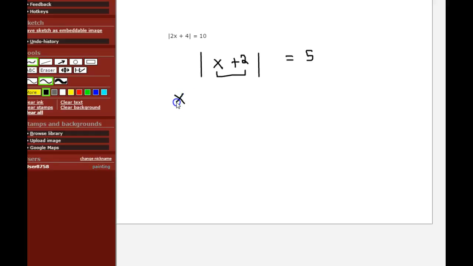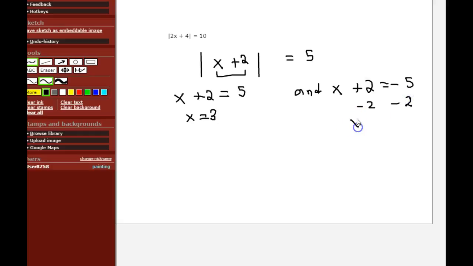Therefore, you take what's inside the absolute value sign, x plus 2, and let that equal positive 5. The other solution is you take what's in here and let it equal negative 5. Then solve them. Subtract 2 from both sides, x is equal to 3. Subtract 2 from both sides, x is equal to negative 7.